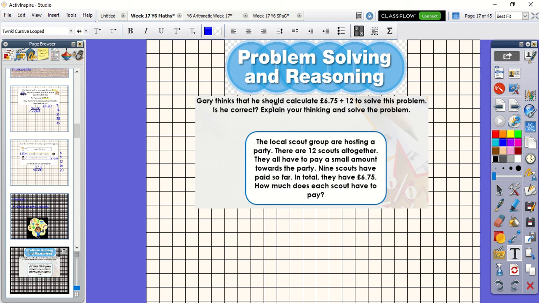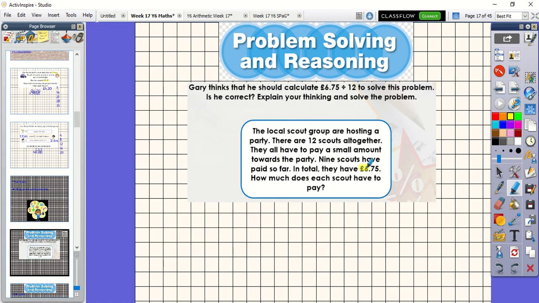So, Gary thinks that he should calculate £6.75 divided by 12. So, we know that altogether they've got £6.75, but only 9 scouts have contributed to that. So not all scouts have contributed. So we can't divide that by 12 because only 9 have contributed.